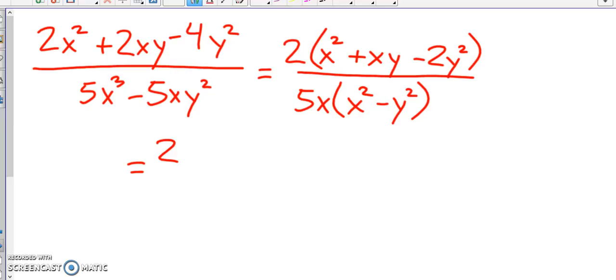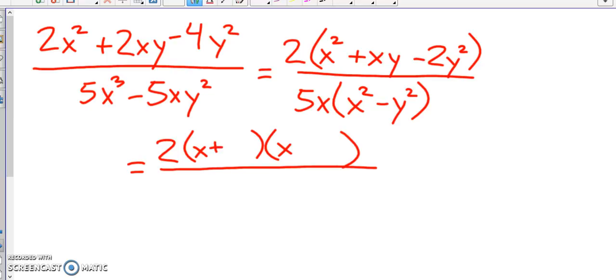So, when I factor the numerator, and of course you could use a box on this, I got an x and an x. What multiplies to give me negative 2 but adds to give me 1 would be plus 2 and negative 1. But since I've got the y's, this would be (x plus 2y) and (x minus y).